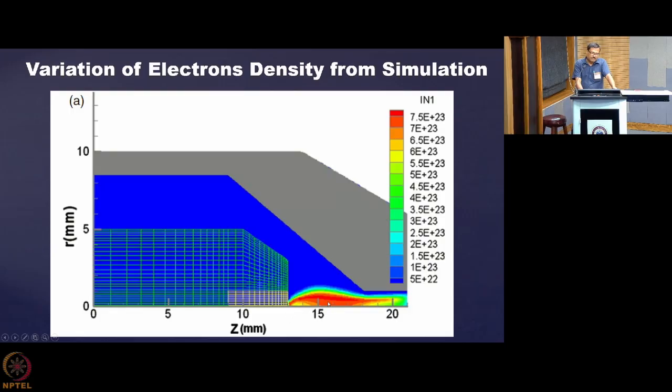Rather, if you go radially outward or come downstream, you will be seeing a denser distribution of the electrons or the fast ions, because IN1 is the fast ion distribution actually. So this variation of electron density is proportional to fast ion density when it is singly ionized, but not when it is doubly ionized. But this is basically the distribution of the fast ions, IN1.